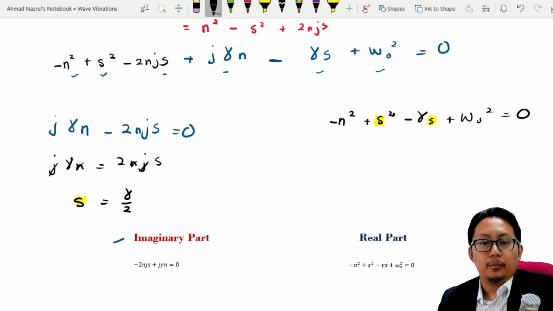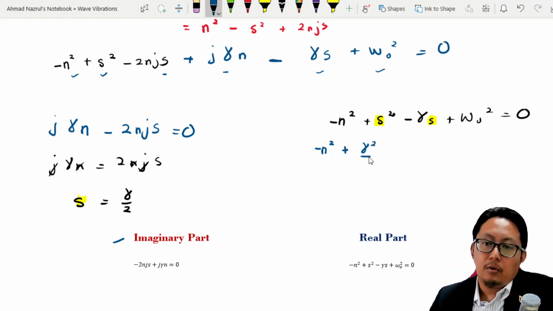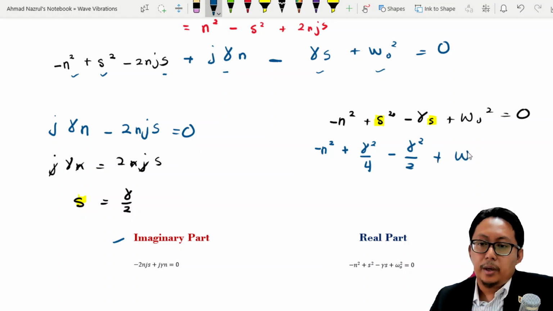So we have minus n square plus gamma over 2 squared, which means gamma square over 4, minus gamma times gamma over 2, which becomes gamma square over 2, plus omega naught square equal to 0.